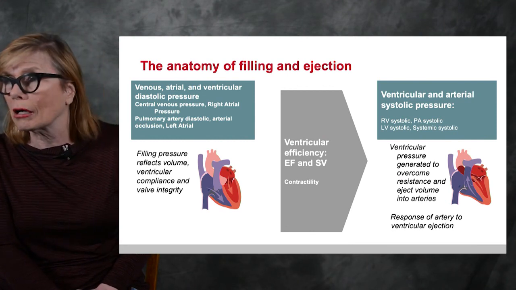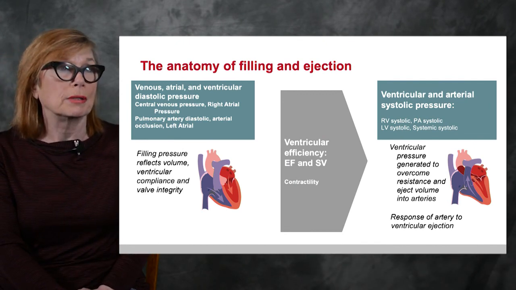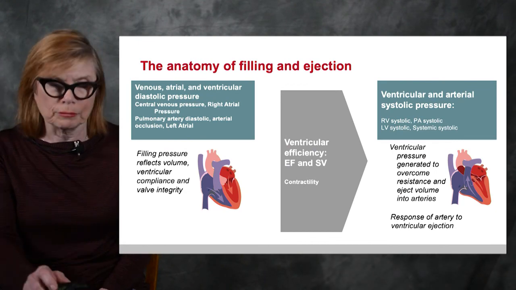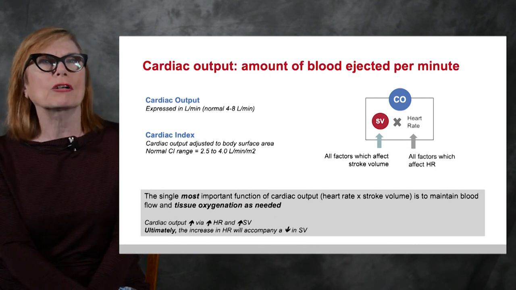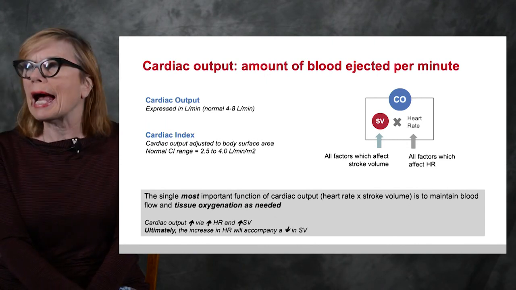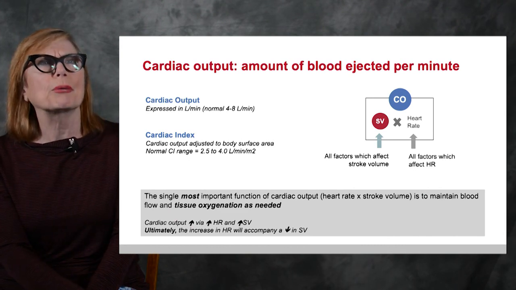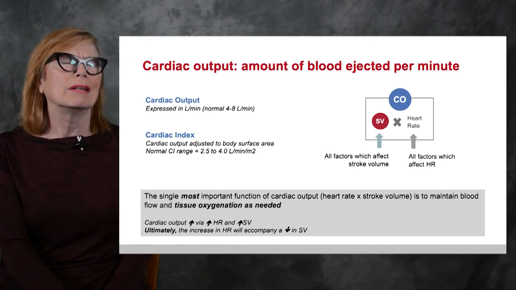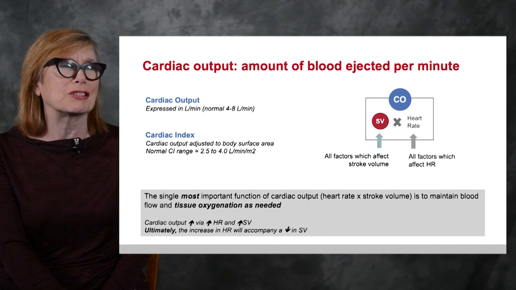What we like to talk about is ejection fraction and stroke volume, because that's a reflection of ventricular efficiency. Remember we talked about what cardiac output is. Cardiac output is stroke volume times heart rate. And let's be sure we appreciate stroke volume is the best indicator that we have at the bedside to actually evaluate ventricular efficiency.